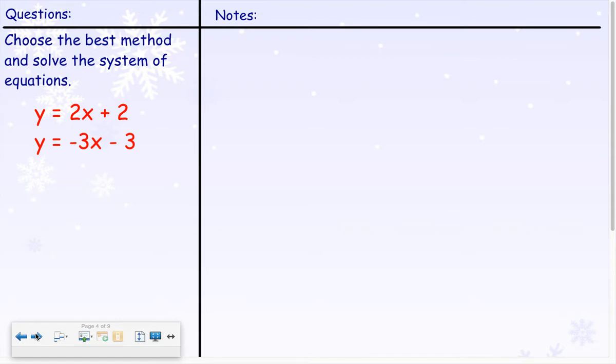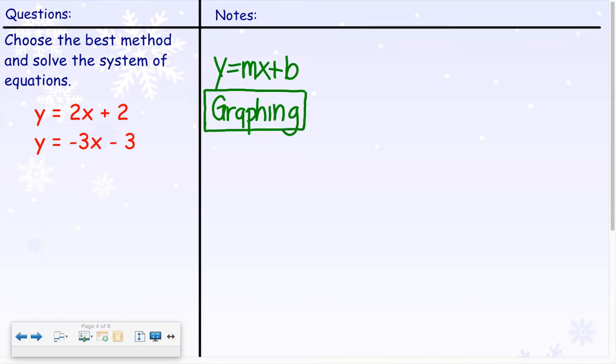Now both of these systems are in y equals mx plus b form. So because of that, I would use graphing as my method of choice. So I'm going to make a coordinate grid.